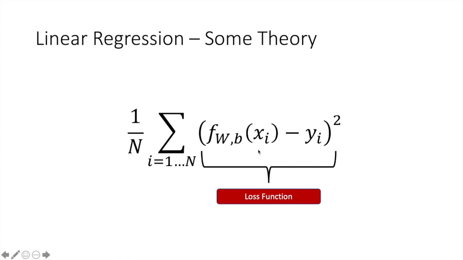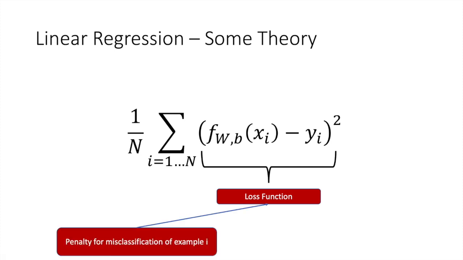It is a measure of penalty for misclassification of example I. So this is basically the predicted value for example I, and this is the real value of example I. Then we subtract the real value from the predicted value, and then we square it. So somehow it is telling us how far or how close we are to the real value, and it is the penalty for misclassification of this specific example I.